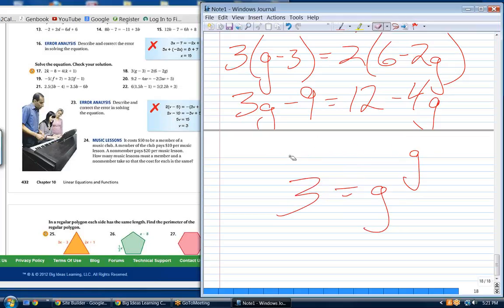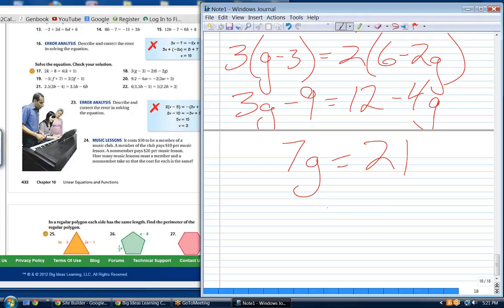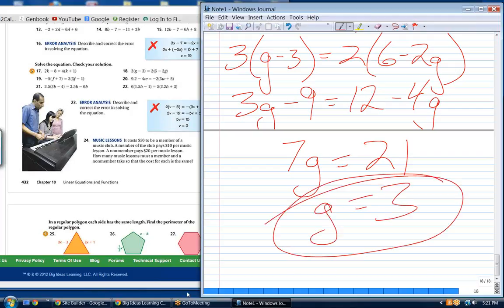But notice that if I move the g's to the left and the 9 to the right, I end up with 7g equals 21, no negative numbers. G equals 3. Nothing wrong with negative numbers. It's just that when they're there, there's more likely to have mistakes made. And that's really what math's all about, is trying to do a problem without making mistakes.